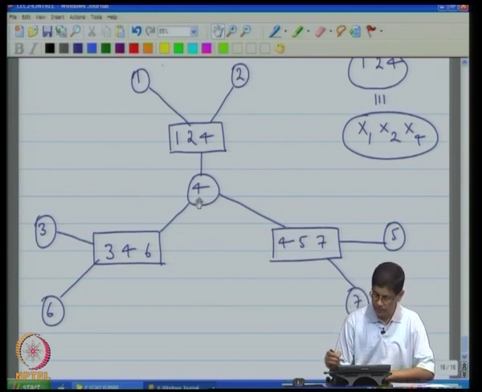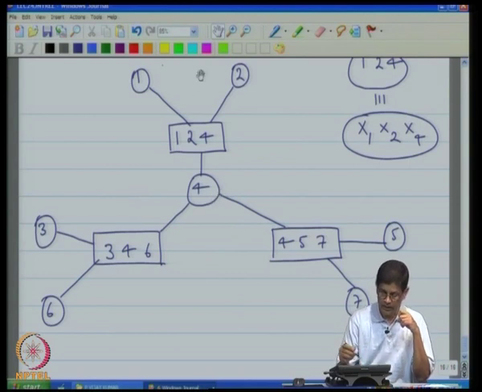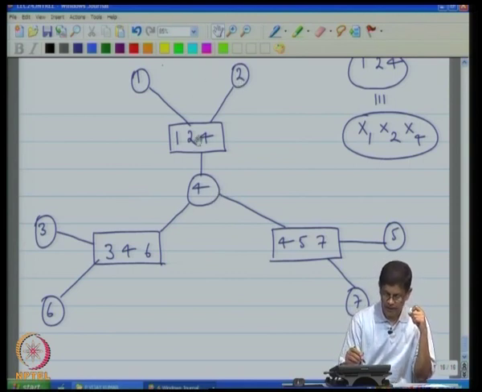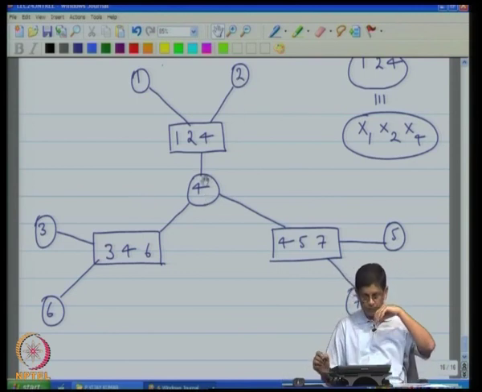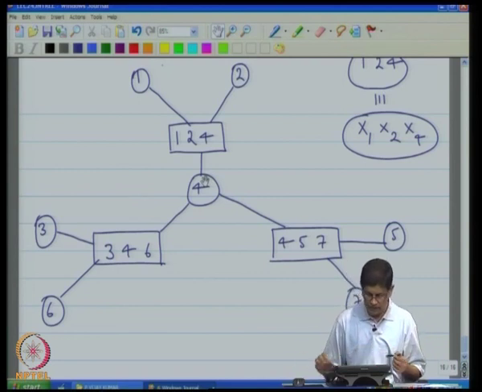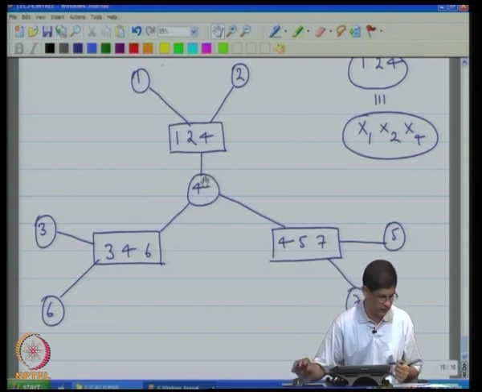Similarly, if I look at 1, 2, 4 and 4, 5, 7, on this unique path you must have every variable which appears in their intersection, but their intersection is 4. So, 4 also appears here. The other conditions are very easily checked, because between this node and this node, for example, their intersection is empty. So, that really places no constraint. So, this then is an example of a junction tree.